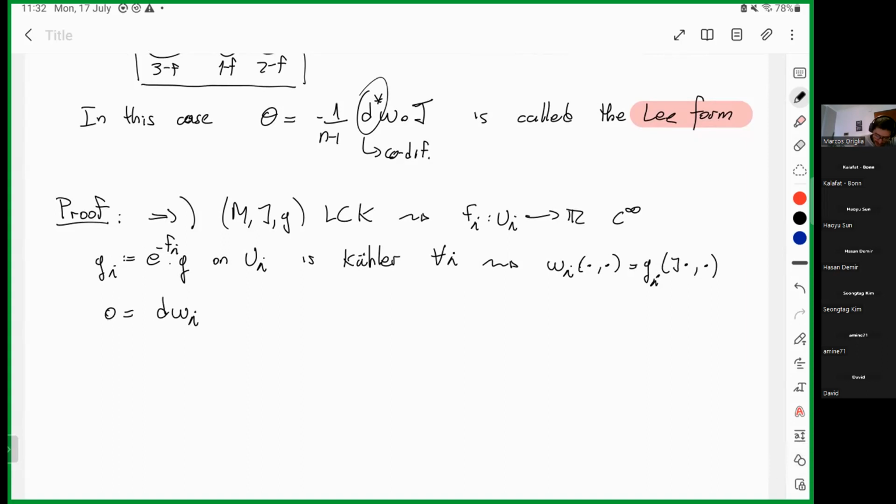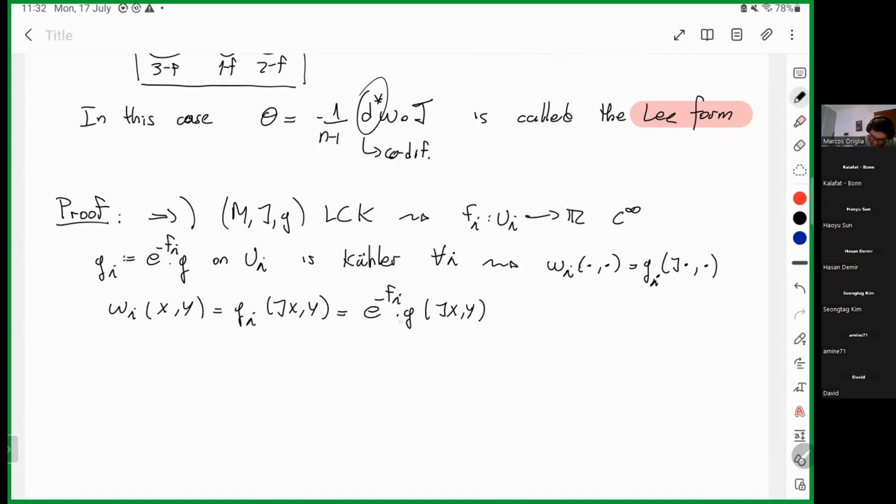But before doing the derivative, let me first write down exactly how these 2 forms look like. So this is exponential of minus f_i times the original metric, right?